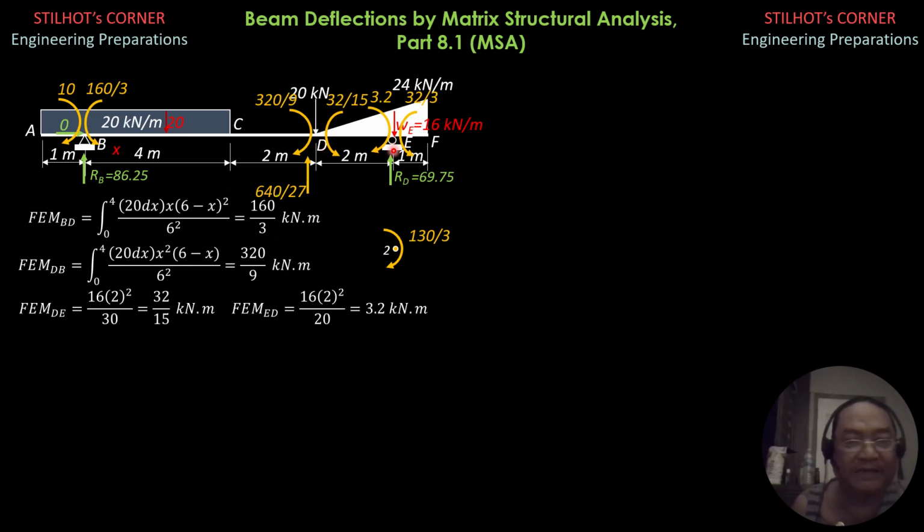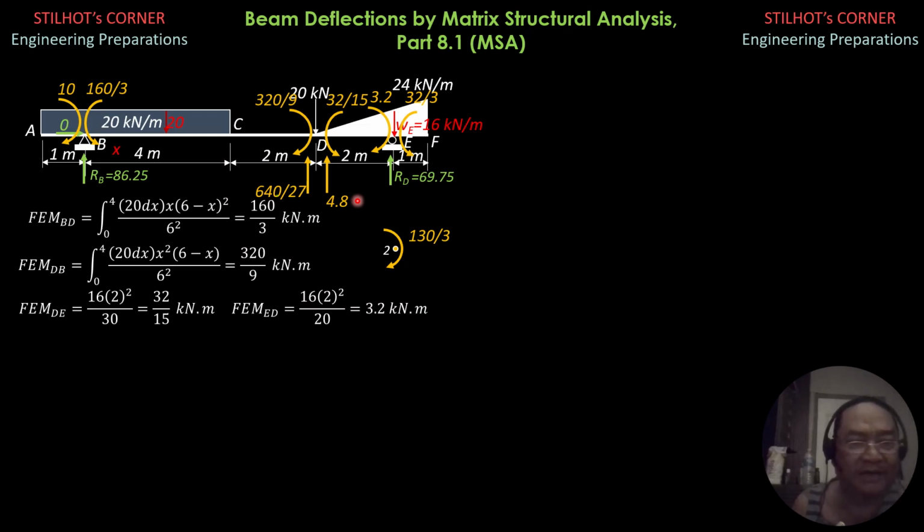Likewise, for DE, moment at E, fixed force DE times 2 plus 3.2 equals 32 over 15 plus moment of this loading, 1 half of 2 times 16 times 2/3 plus 32 over 15. You'll get 4.8 kilonewtons as shown.